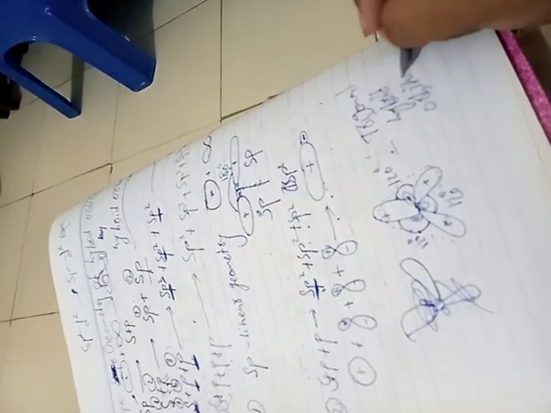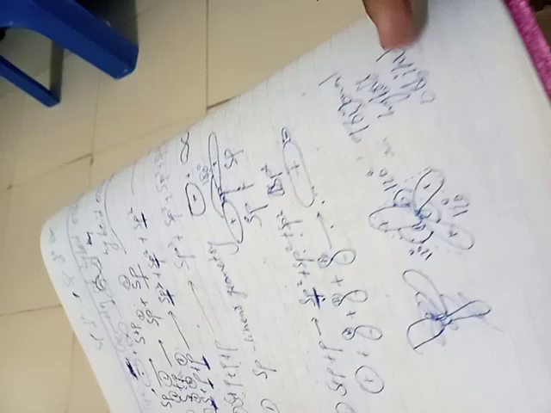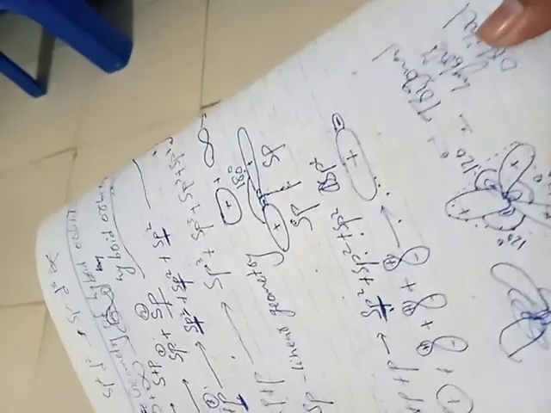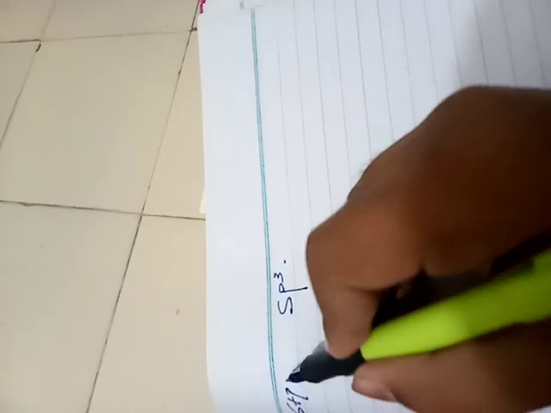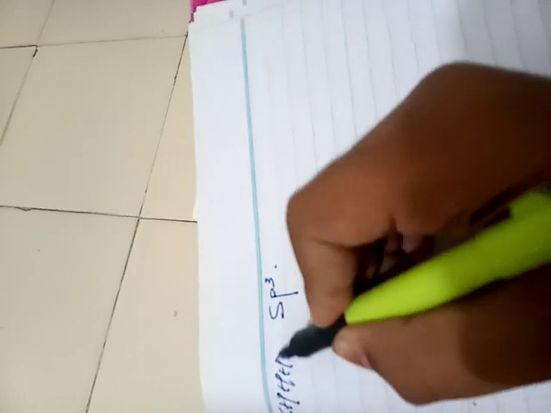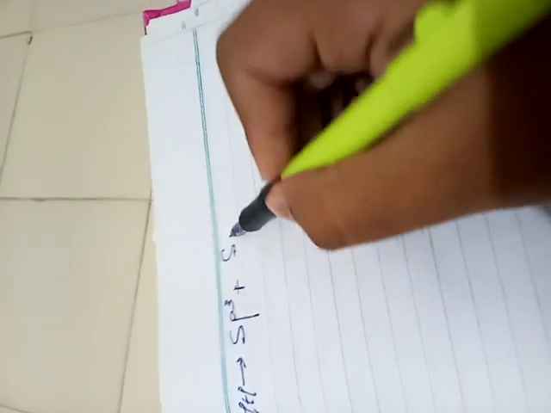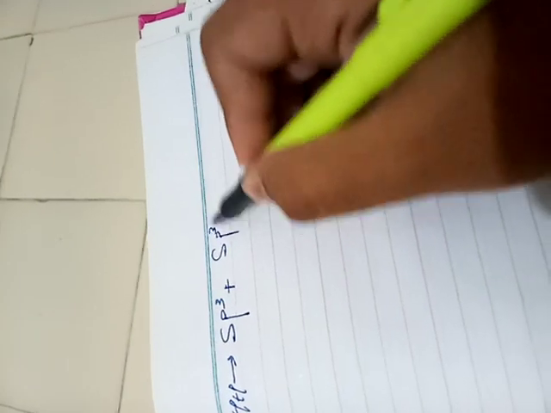So now let's go to the last one, which is sp3. Hope you guys are understanding my lecture. So here is how sp3 will be formed. When s plus p plus p plus p react, they will form the 4 sp3 hybrid orbitals, 1, 2, 3 and the last one 4.